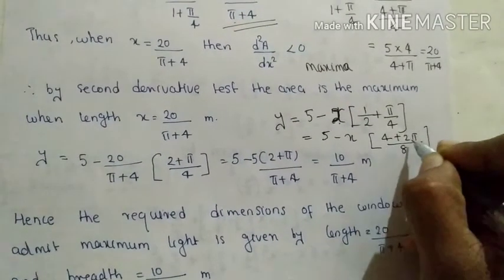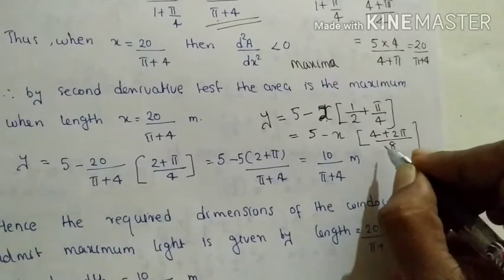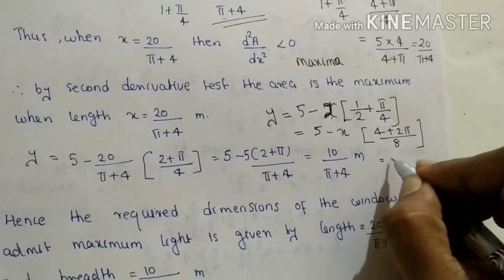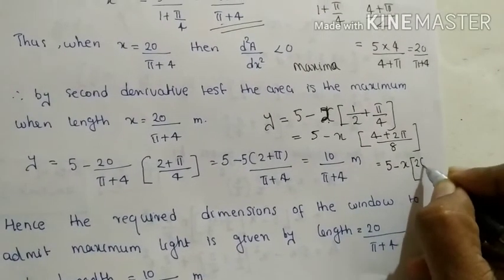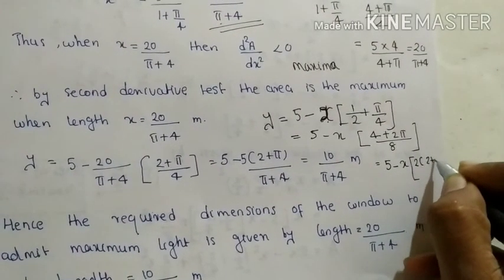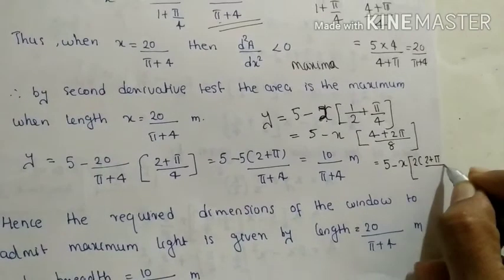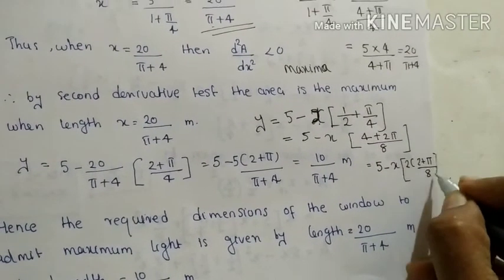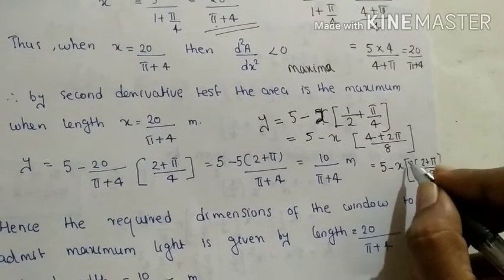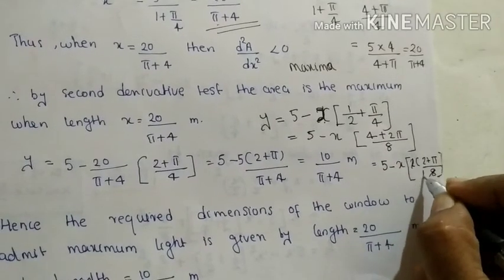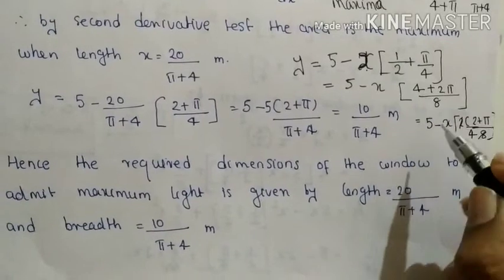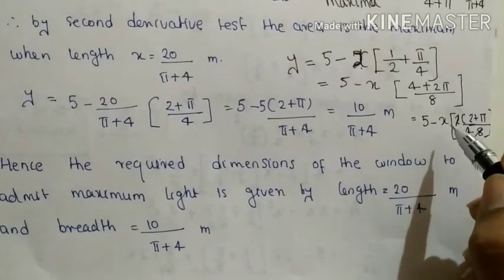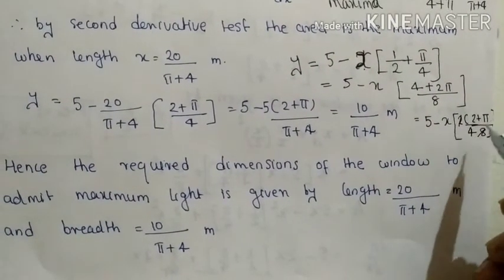Here 2 is common. Taking this 2 outside, we get 5 minus x into 2 into 2 plus pi by 8. Cancelling this 2 and 8, we get 4 here. So we get 5 minus x into 2 plus pi by 4.